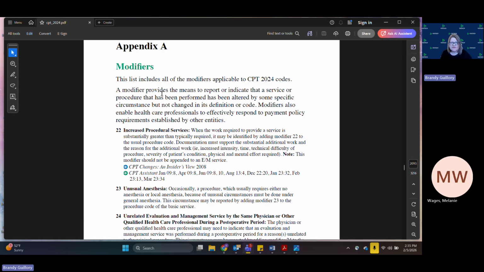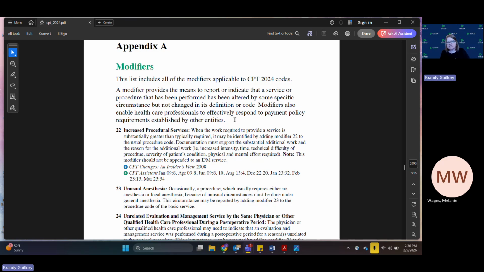The modifier provides the means to report or indicate that a service or procedure that has been performed has been altered by some specific circumstances, but not changed in its definition or code. So like I said, these are just giving more information. Modifiers also enable healthcare professionals to effectively respond to payment policy requirements established by entities such as your insurance companies.